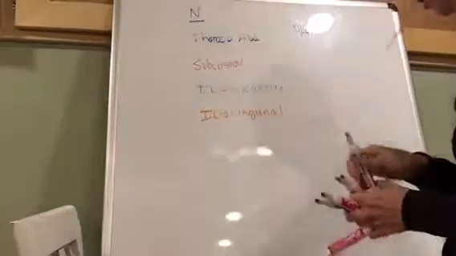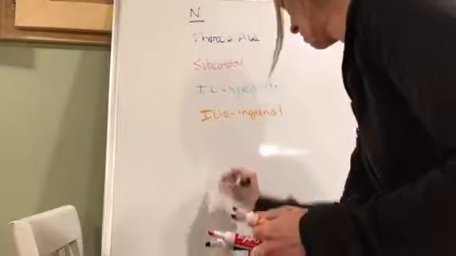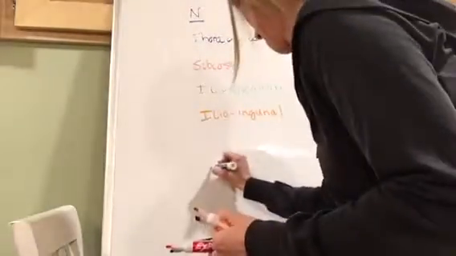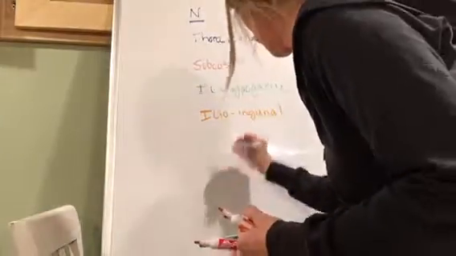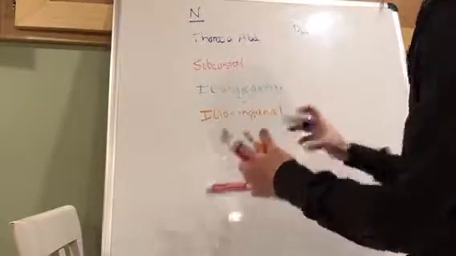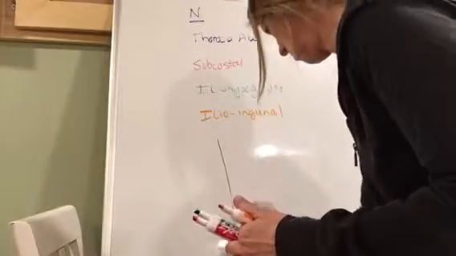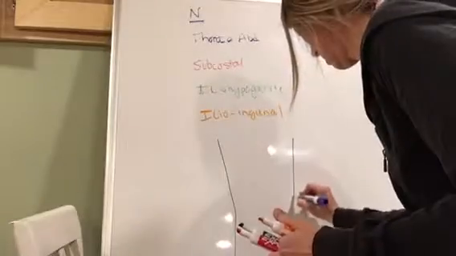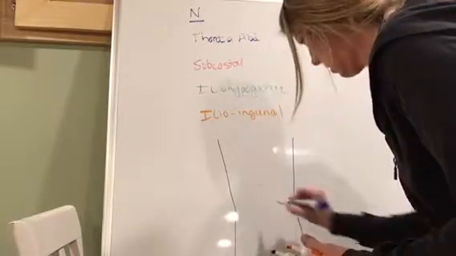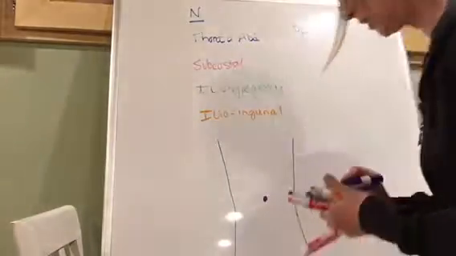So if we're going to draw a human, oh, he doesn't work either. See how hard I'm studying? I'm using all my markers up. You are kidding me. Well, I'm going to make him blue. Okay, here's your umbilicus.